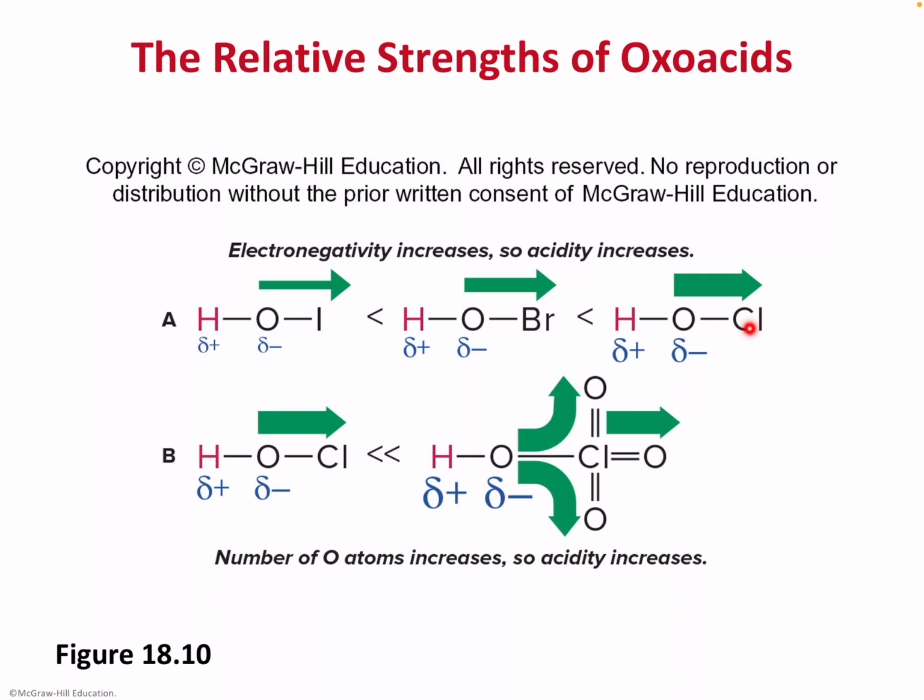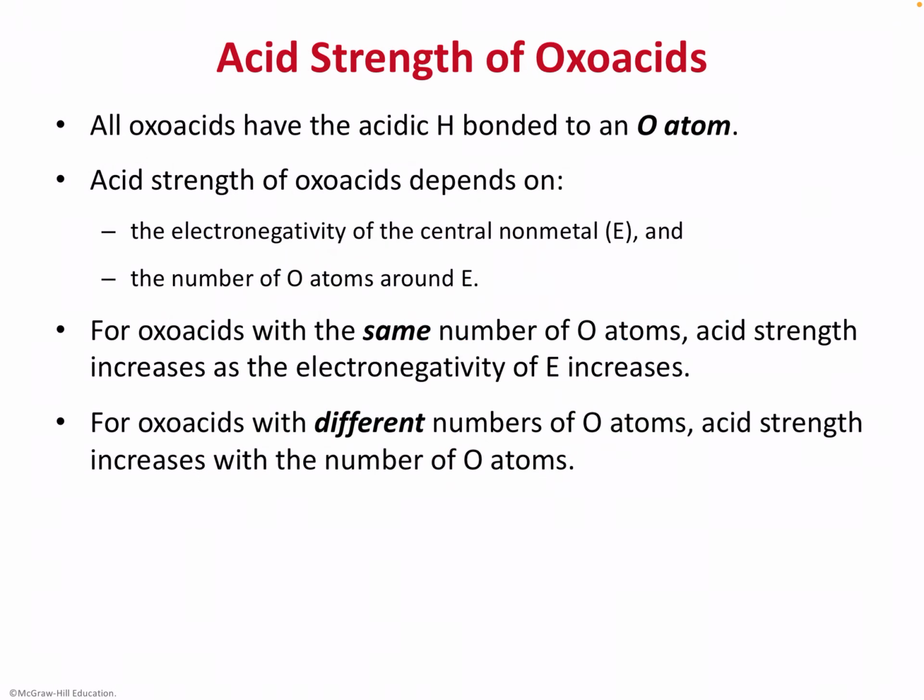So chlorine is the more electronegative element, so this would make it stronger compared to bromine, which is stronger compared to iodine. Okay, as electronegativity increases, the acidity increases when they have the same number of oxygen atoms.